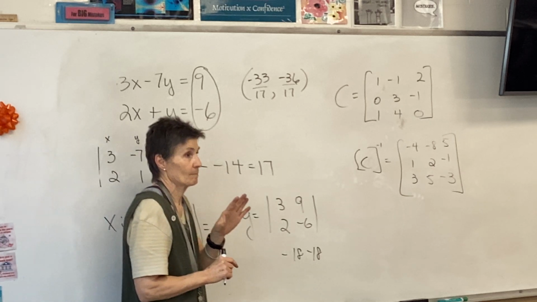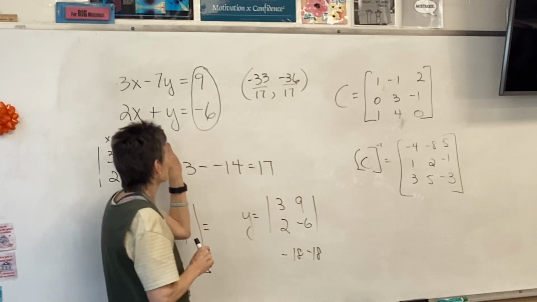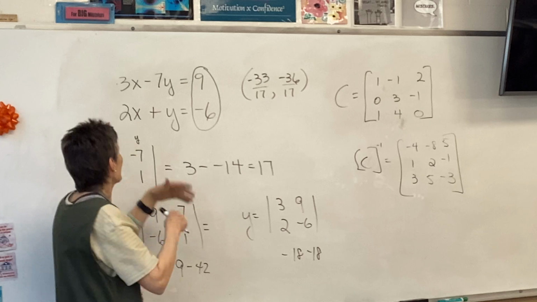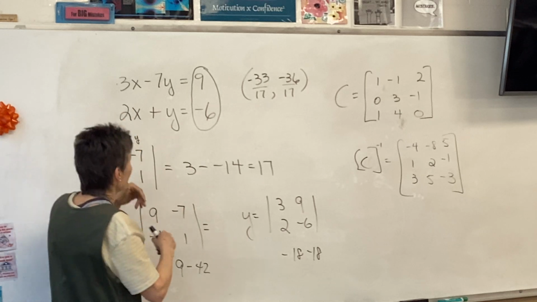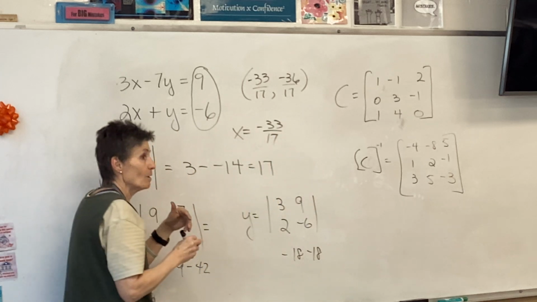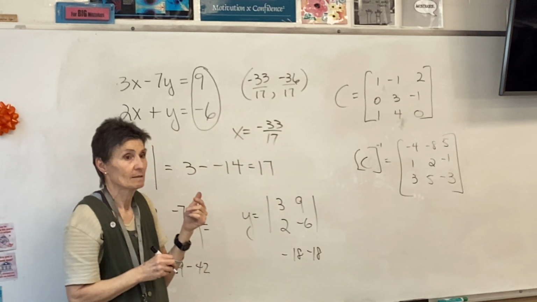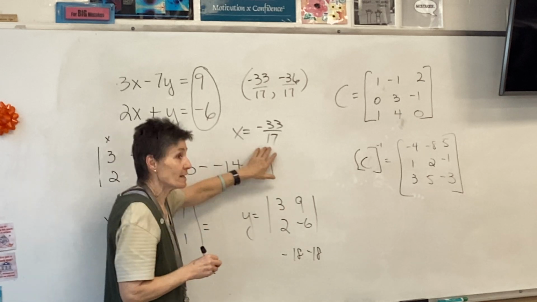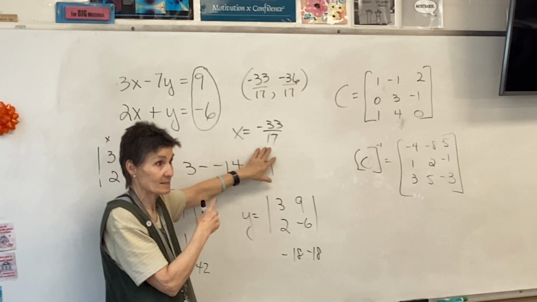Here's the nice thing. If I did the same problem with substitution or elimination, let's say I eliminated and I came up with x equal to -33/17. What do I have to do next? I gotta plug it in. What a yucky mess that is.